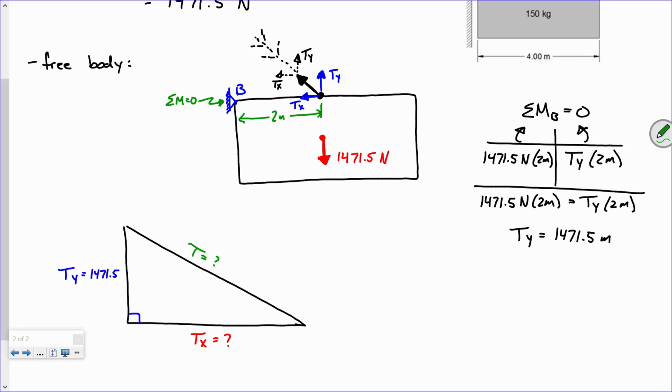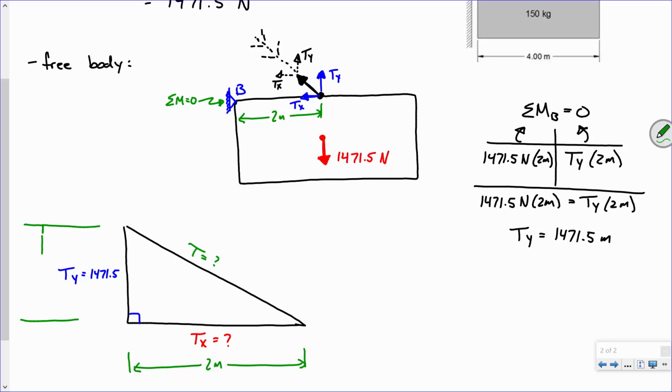What is this dimension? What is this dimension? So how do we find what that dimension is? How do we find out what that is?